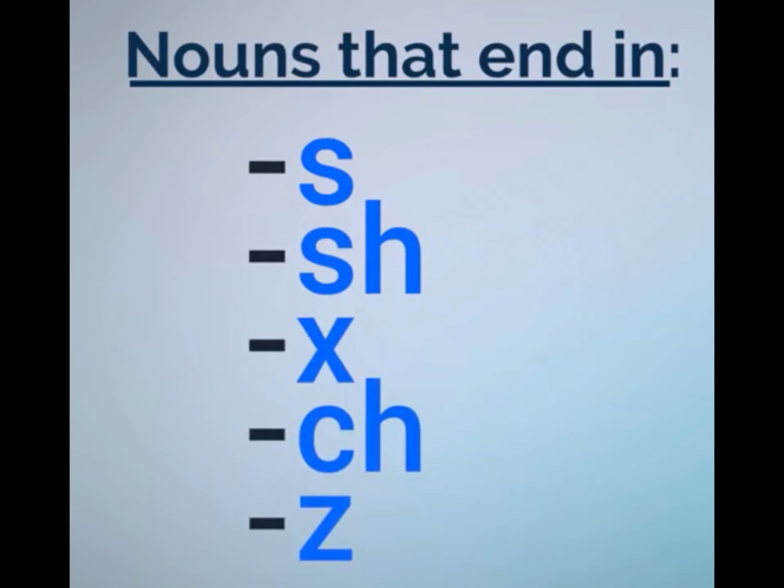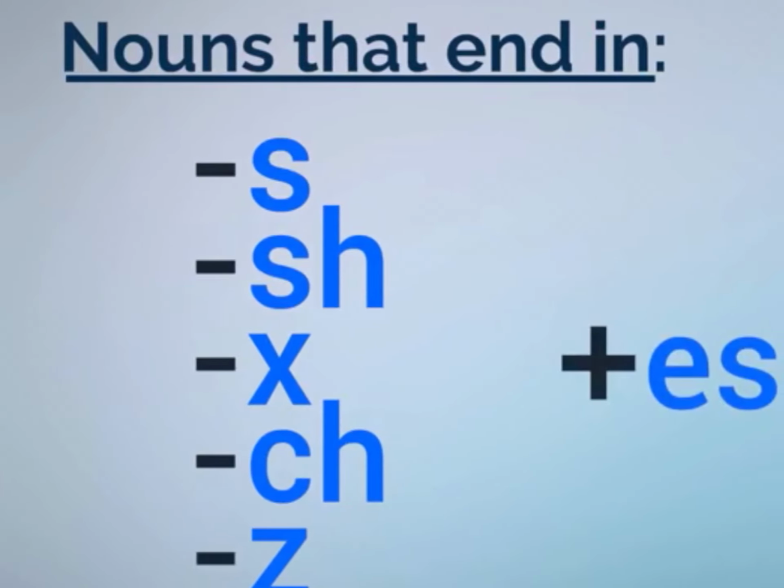Okay, to make the plural form of these nouns, you will add ES. So here we have S, and then SH, X, CH, and Z. We add an ES. And the sound will be Z.